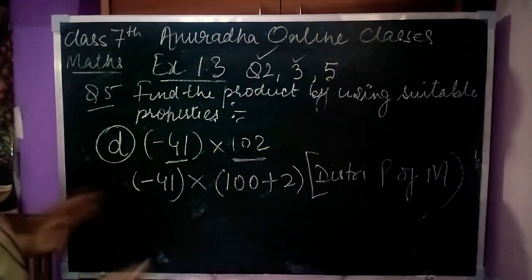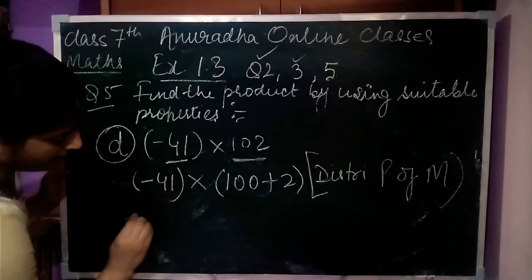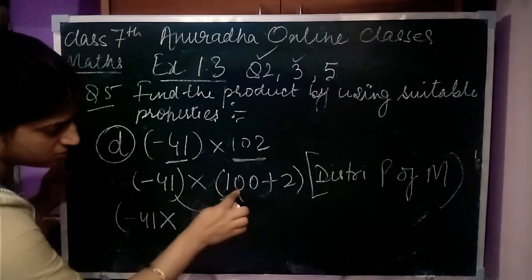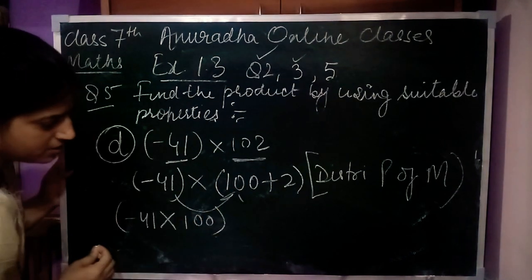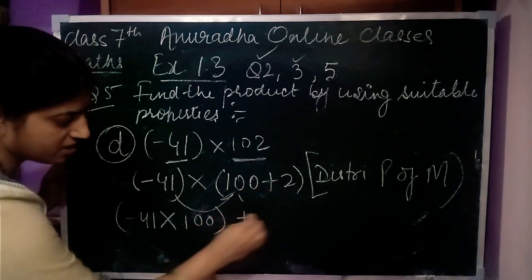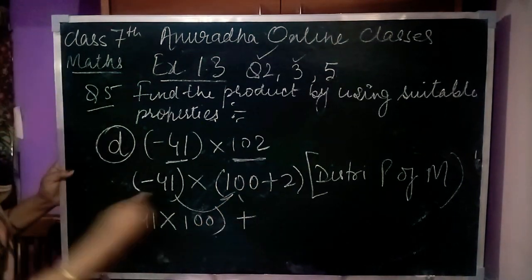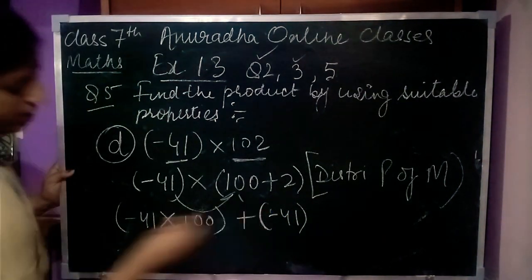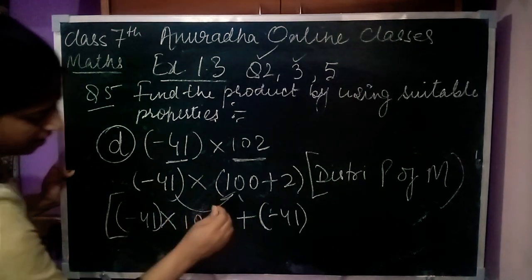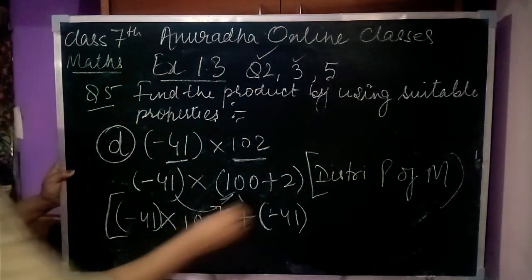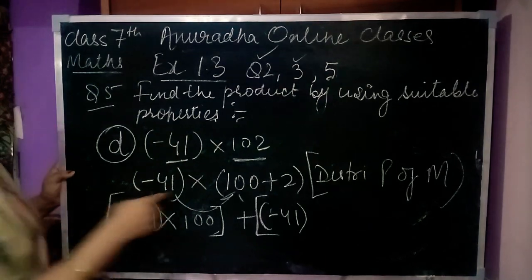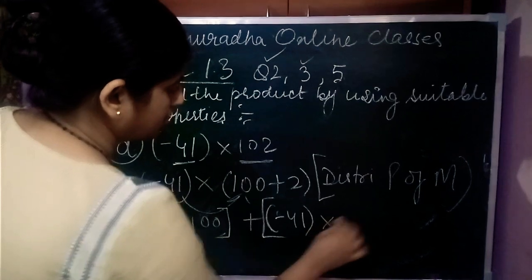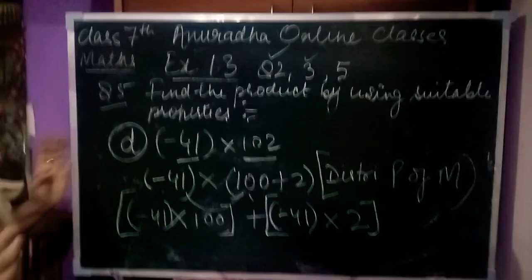Now let us see. Now you can do this question. Minus 41 into, first we will do this into this, so 100, right? Then the plus sign is there, put plus. Then minus 41, we have to multiply minus 41 with what? With 2, keep it in bracket and this one square bracket. Now minus 41 into 2, you have to write it like this.